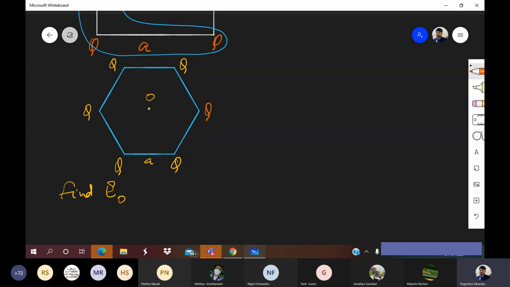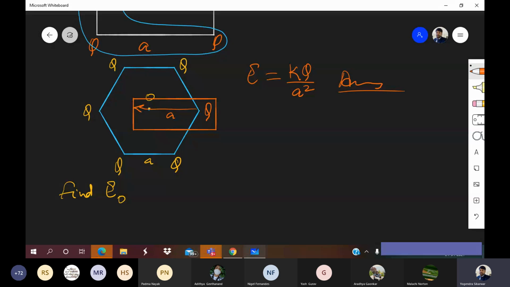I said, people have become smart. So now what they are saying, electric field due to this charge will be KQ by A square. Answer, right? Good. Appreciable.